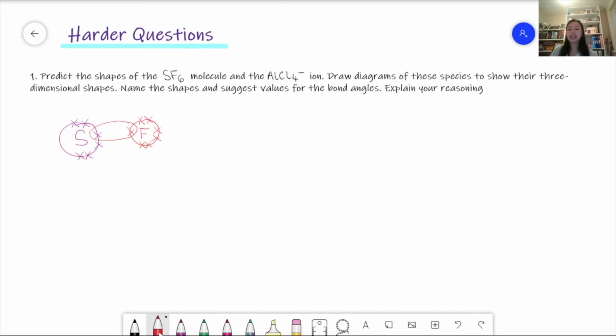So because we have 6 of them, all of these electrons will be shared with fluorines. So the dot and cross would look like this. 2, 3, 4, 5, 6. These would all be fluorines, and they would all give an electron each.